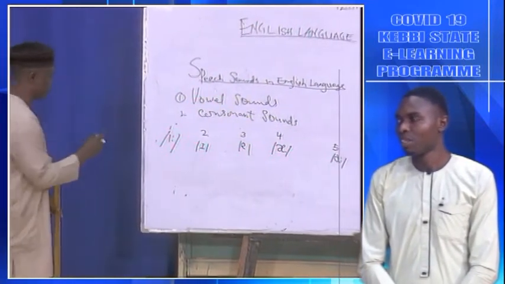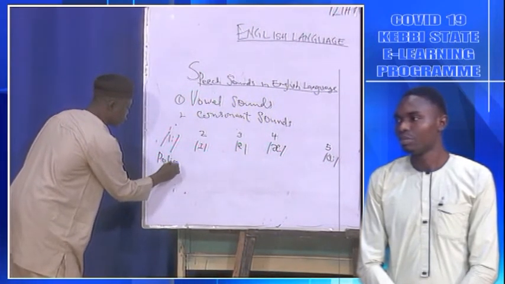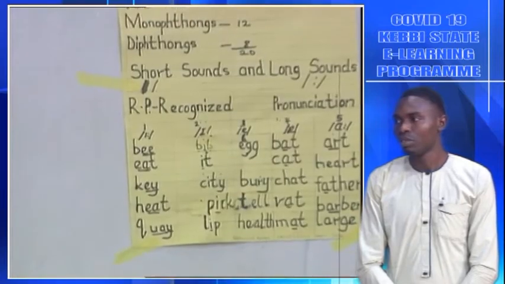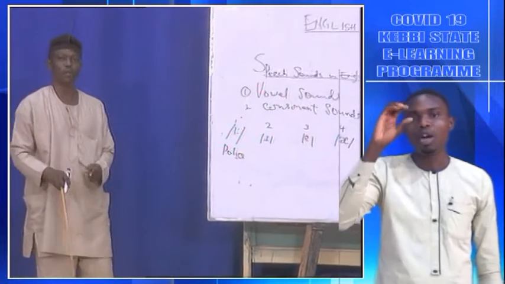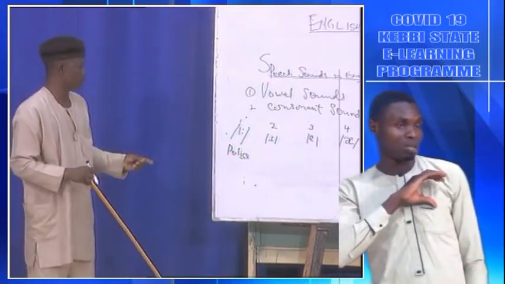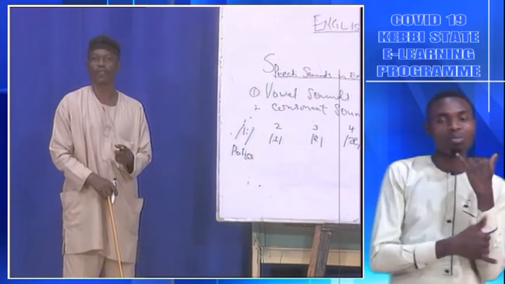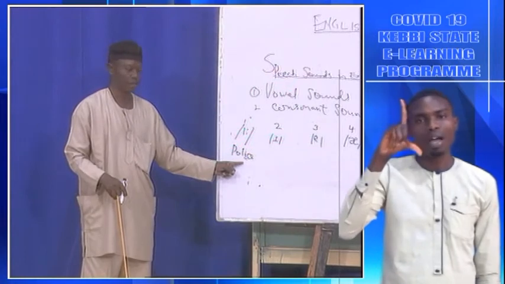Police. Ordinarily, Nigerians will say police. Please, after this lesson, if I come across you on the road and you pronounce this word that way, I will feel offended because you have learned it. It's not police, but what? Police.